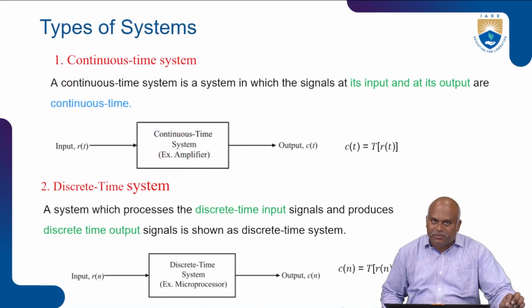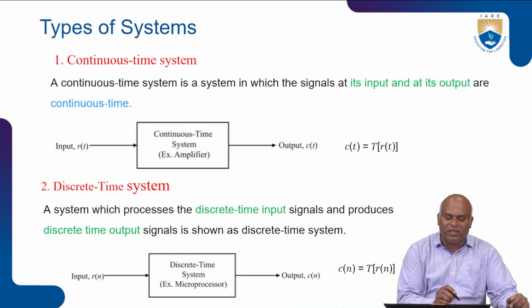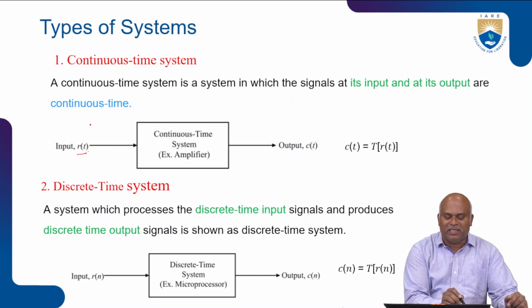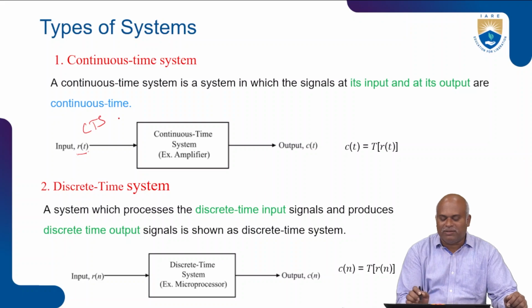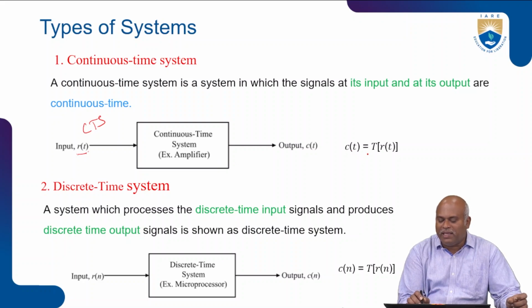Next, we studied the two types of system. One is the continuous time system, another is the discrete time system. If the input is a continuous time signal, the system is called a continuous time system. The best example is an amplifier, which produces the output c of t equal to T of r of t.